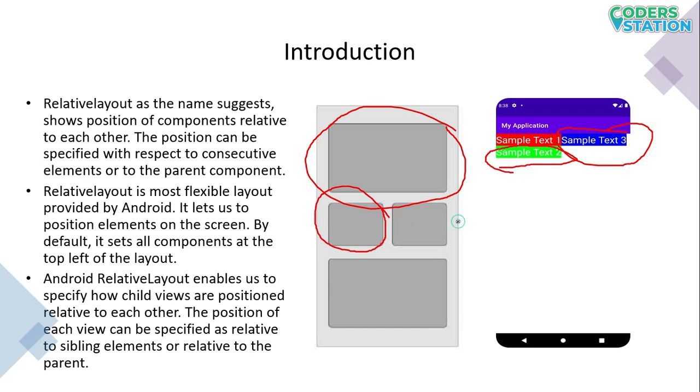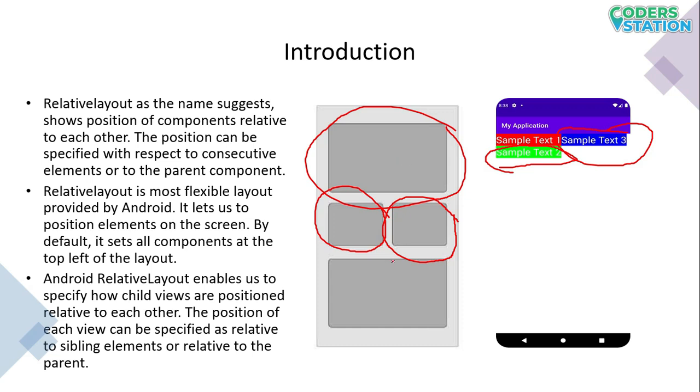Then we will place the third element, which may be a text view or a button, so we have to mention its relation with the first and second elements that we have already placed. So we will say that it will be on the right hand side of element 2 and below element 1.